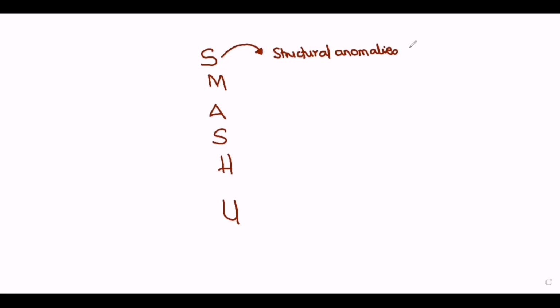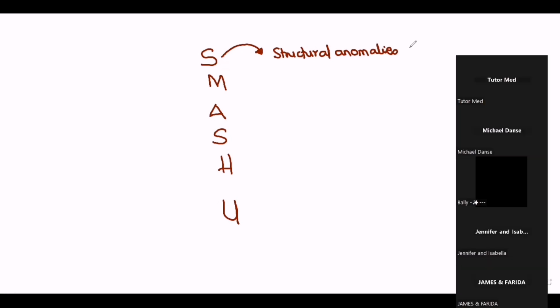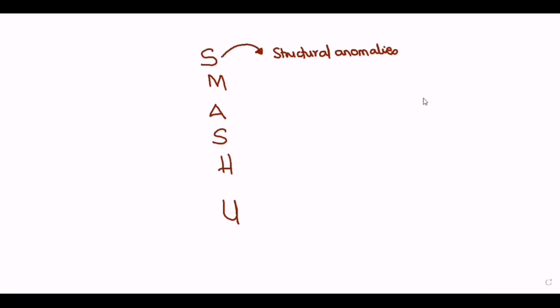Structural anomalies. Like a ruptured Berry's aneurysm, an AV malformation. M is for what?